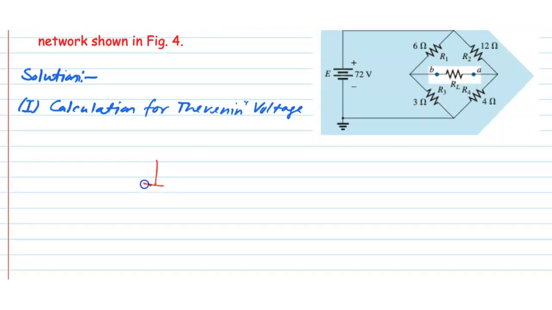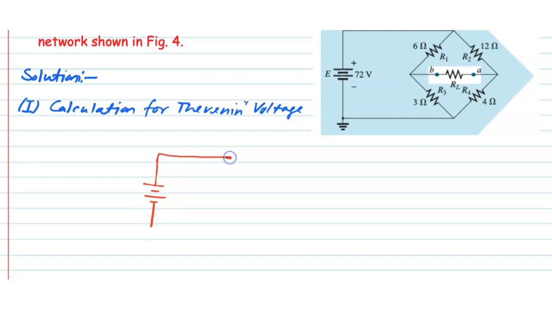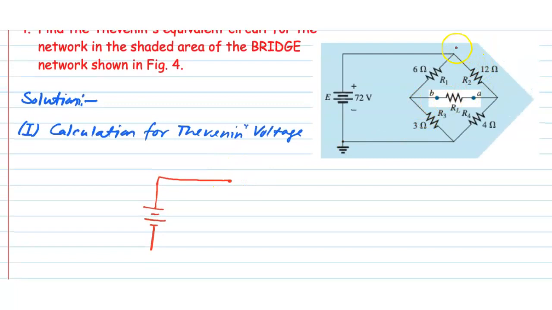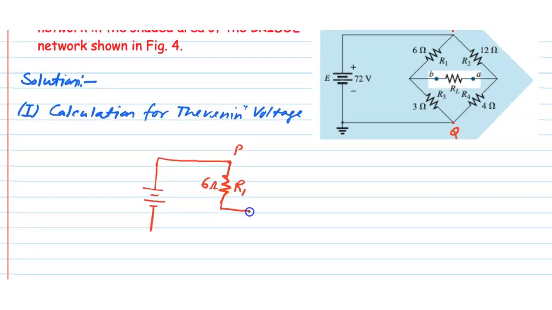This is the voltage source, and suppose this terminal is P and this terminal is Q. Here there is a resistance R1, that is 6 ohm, and here it is open.